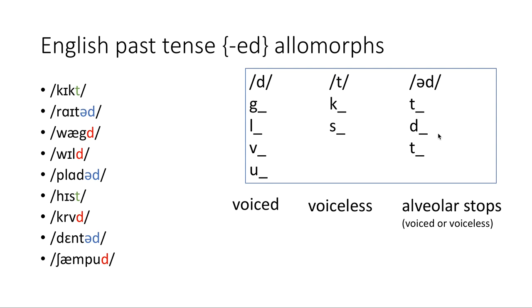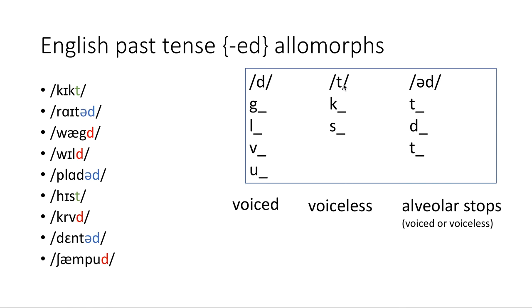So dented, plodded, and righted. And I'm using the schwa. These often come out feeling like a lax high front vowel I sometimes, so either a schwa or an I would be a reasonable way to transcribe that allomorph phonemically.